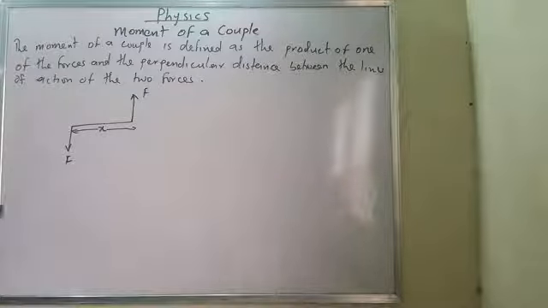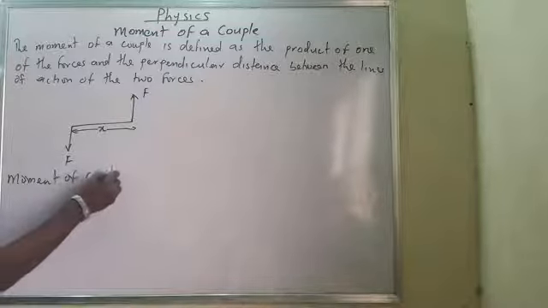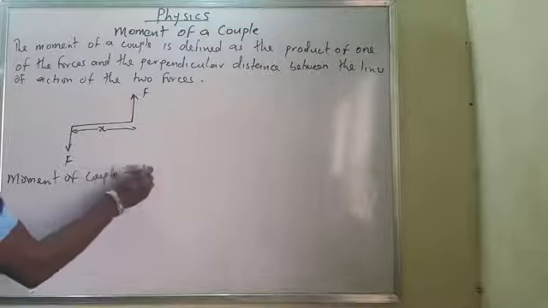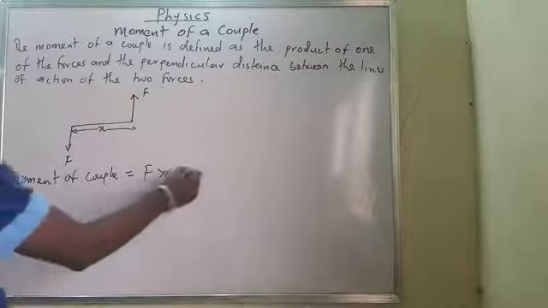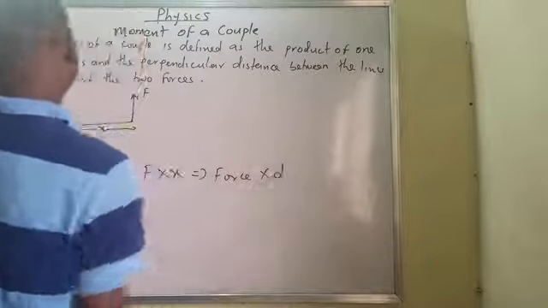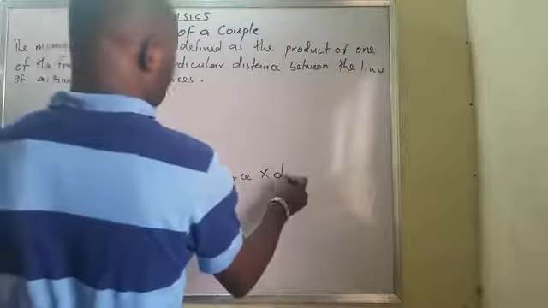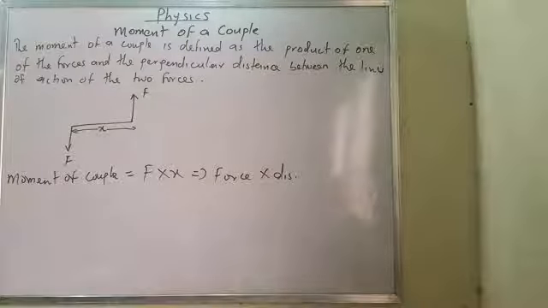It means the moment of a couple is equal to force multiplied by the perpendicular distance. Let me use the word distance. My force times distance. That is what I mean by that.